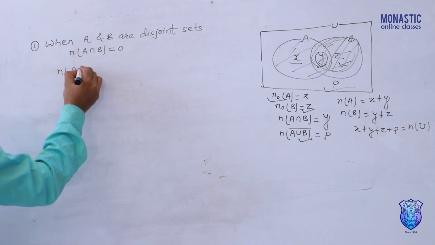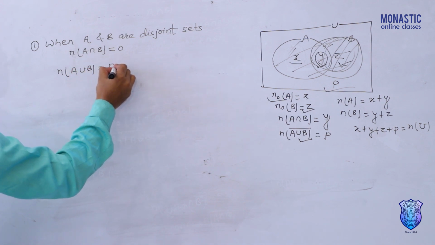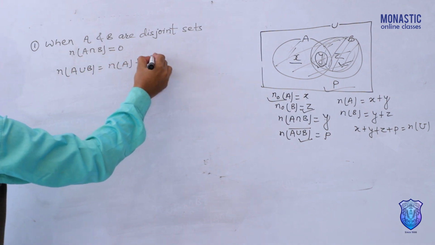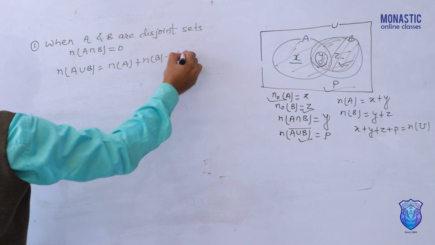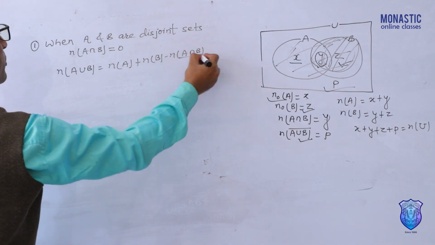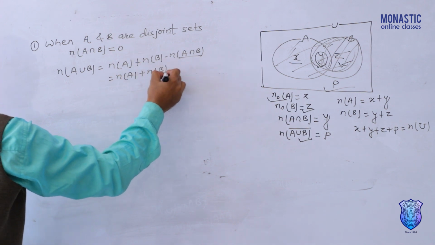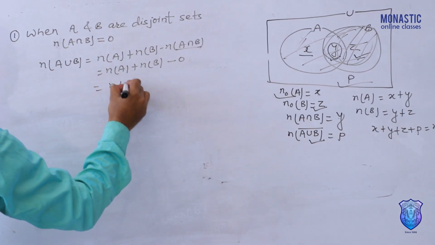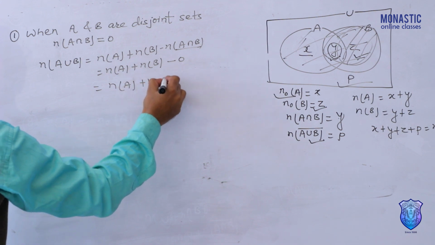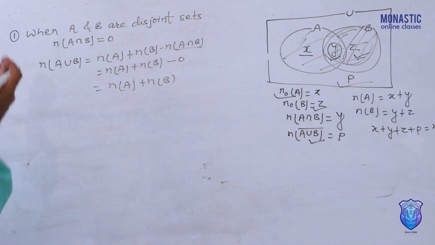Like we have number of A union B equals number of A plus number of B minus number of A intersection B. If we put this value 0, it becomes number of A plus number of B minus 0, that is number of A plus number of B. In this way, wherever intersection comes, in place of that, if we write 0, we will get the formula when A and B are disjoint sets.